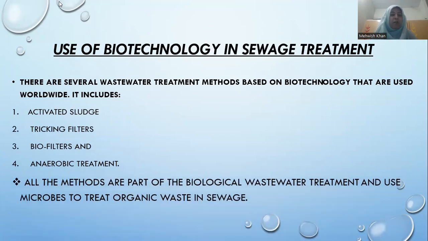All these methods are part of biological wastewater treatment, and they use microbes to treat the organic waste in sewage. As I've already defined, biotechnology in sewage water treatment means using microorganisms in a more efficient way to treat the sewage water. These are the types based on biotechnology that are used worldwide to cope with sewage treatment.